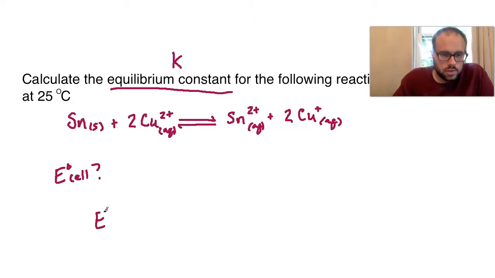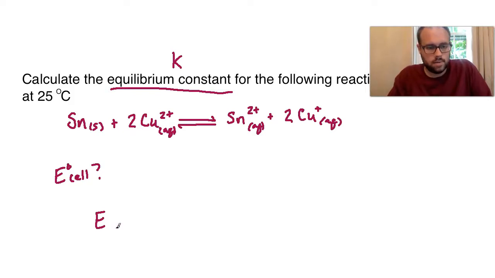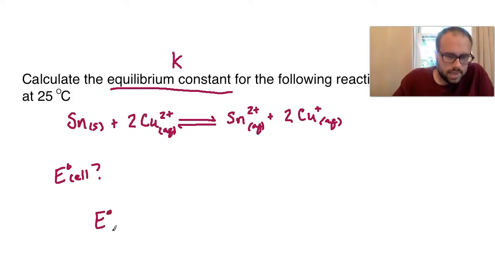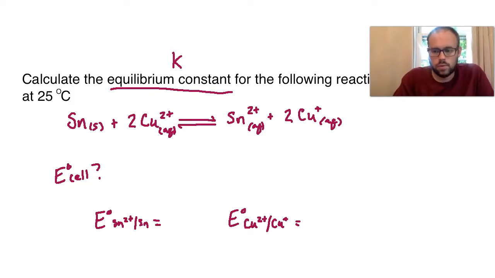So the question is, what would the standardized E of the tin 2 plus tin relationship be? Okay, so we're going to find that value. And we want to find the standardized E for the copper 2 plus copper plus value. Right? So what is that E? So what we'll do now is we're going to go ahead and pull up a chart with the standard reduction potentials.